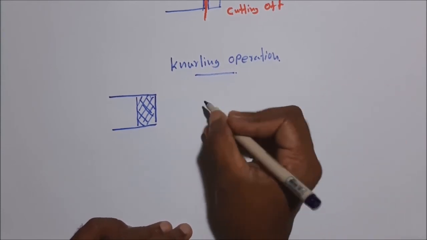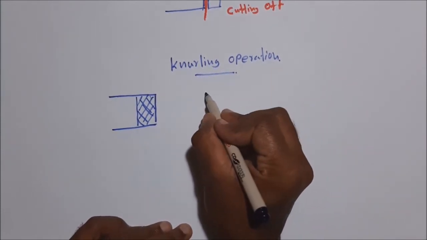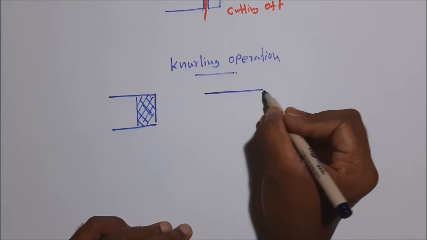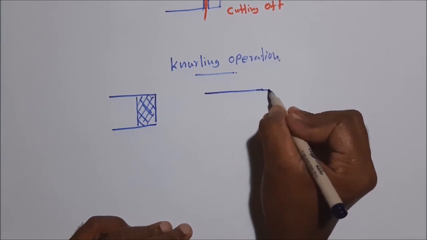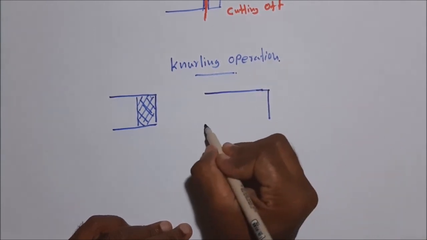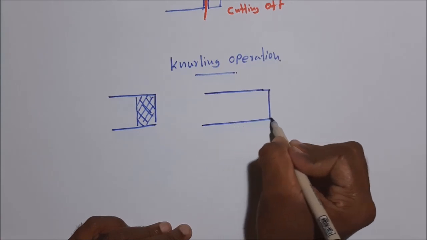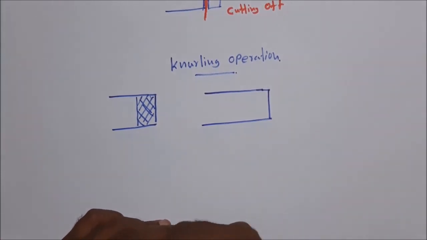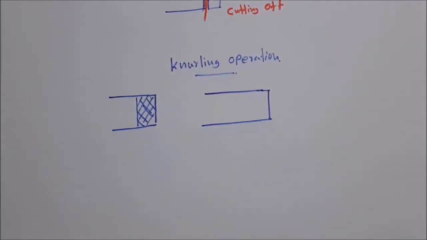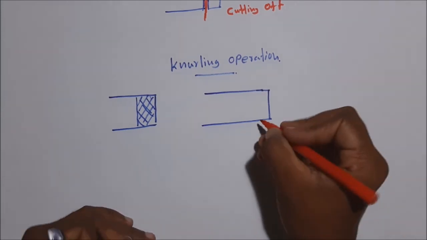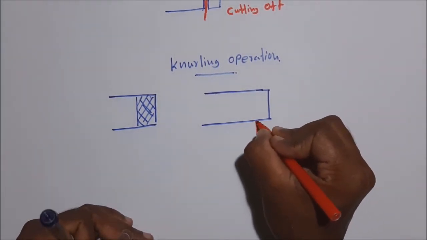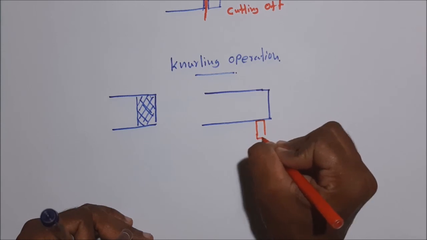Then this operation is done by rotating the workpiece in contact with a roller cutting tool. This roller cutting tool has the surface pattern.